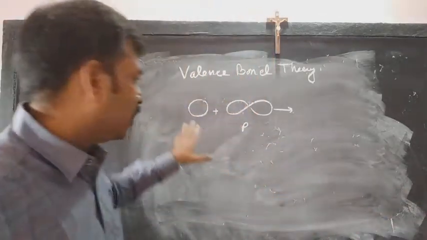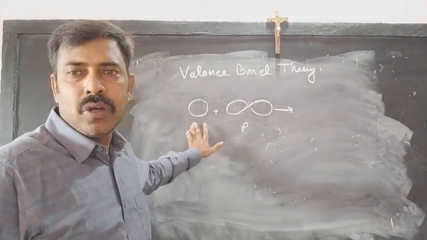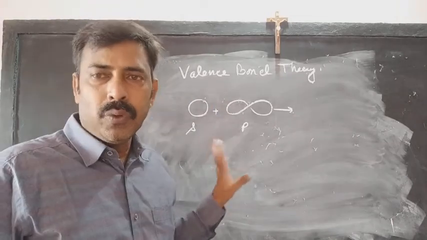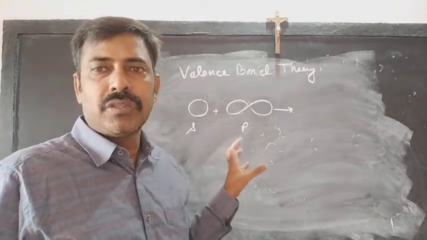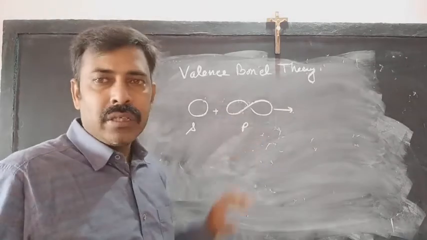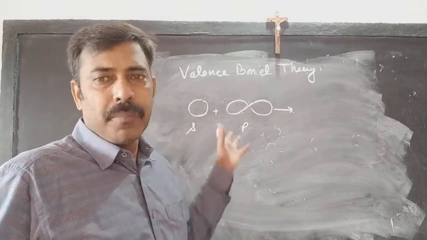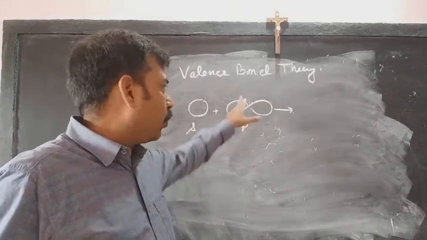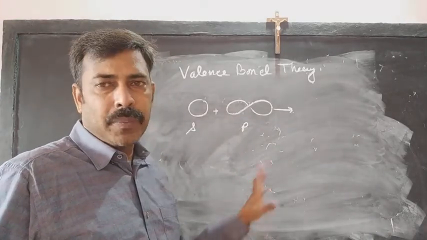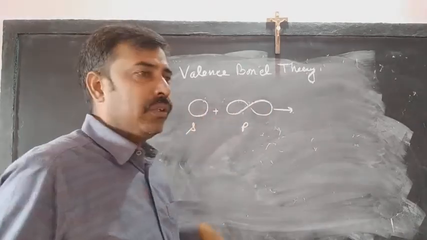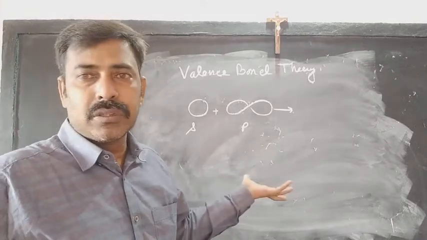So here, this is the first orbital, of the S subshell: spherical shape, no node, a perfect spherical system. The second one is the orbital of the P subshell, a dumbbell-shaped species having a node in the center. When these two combine with each other, they will generate two hybrid orbitals.